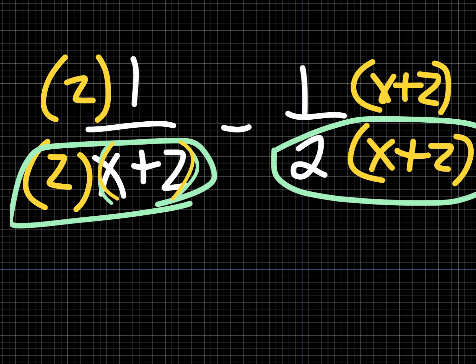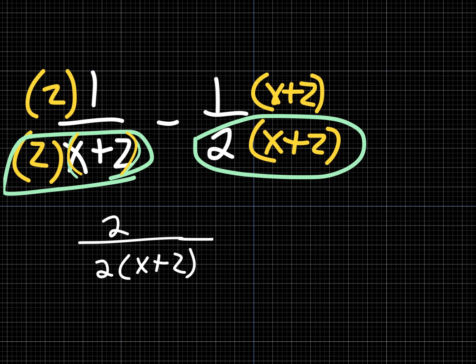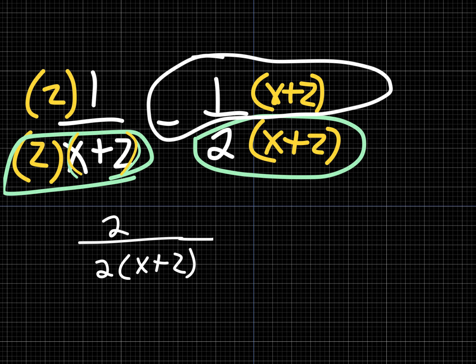Okay, and then to get the final answer, 2 times 1 is 2. 2 parentheses x plus 2. I'm not multiplying that out. It'd be a waste of time because you'd have to factor it back out at the end. And now, did you mess up this part? I warned you. That's the one that tons of kids are going to screw up.